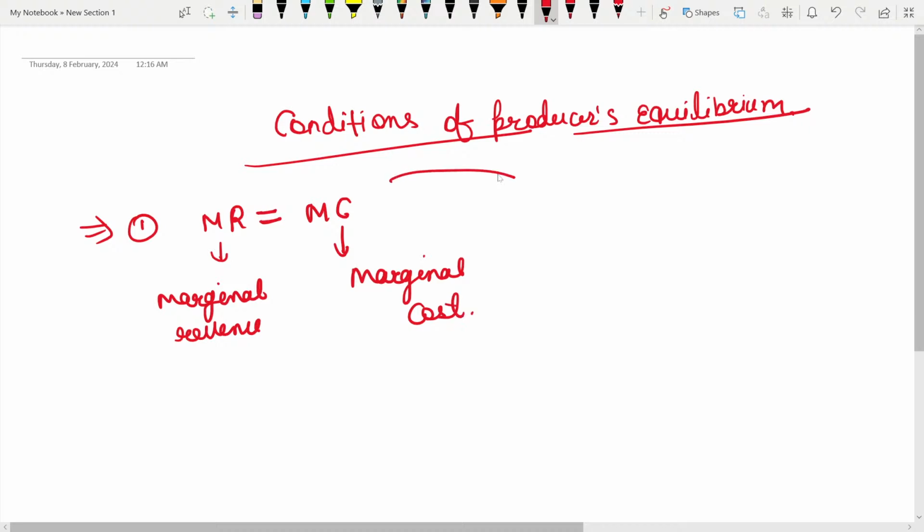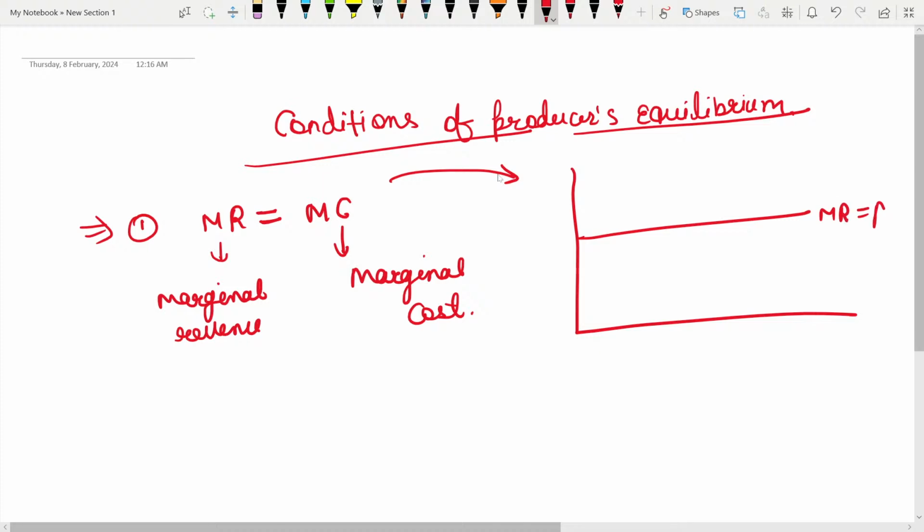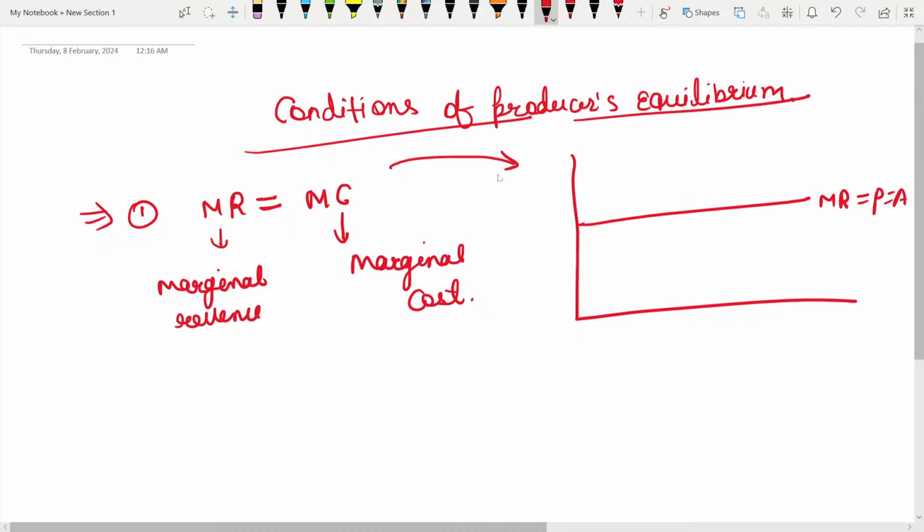So whenever we say that MR should be equal to MC, what does it mean? It means that whenever we draw a diagram, we will see that MR is constant. MR is equal to P is equal to AR. And we all know why MR is constant. We already discussed that MR is constant in a perfect market.